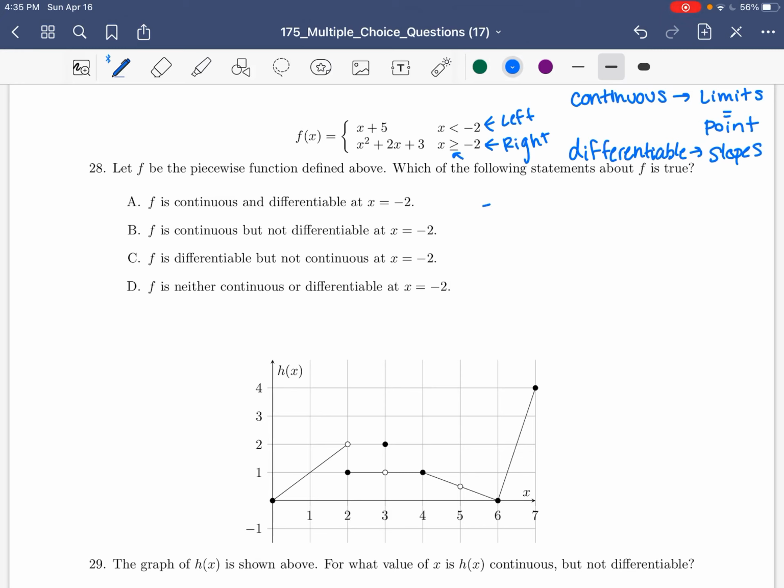So when I plug in the left, it's going to be negative 2 plus 5 equals negative 2 squared plus 2 times negative 2 plus 3. So I get 3 equals 4 minus 4 plus 3. So 3 equals 3.